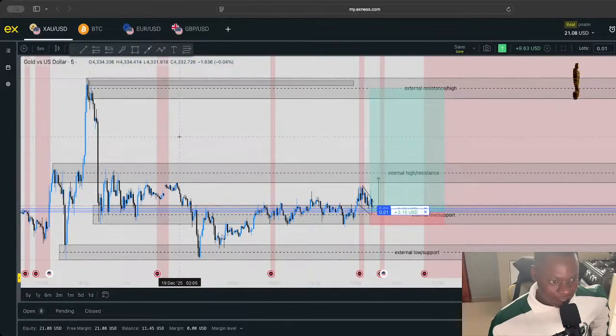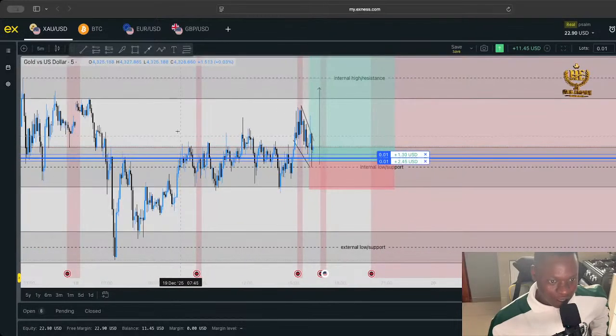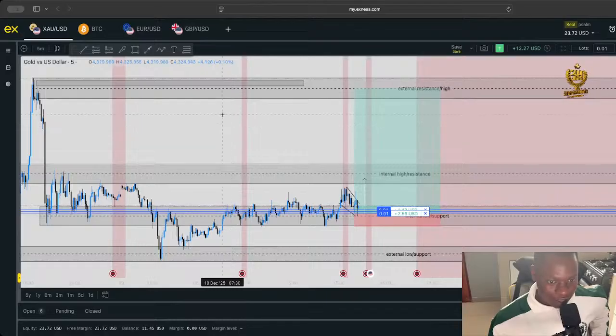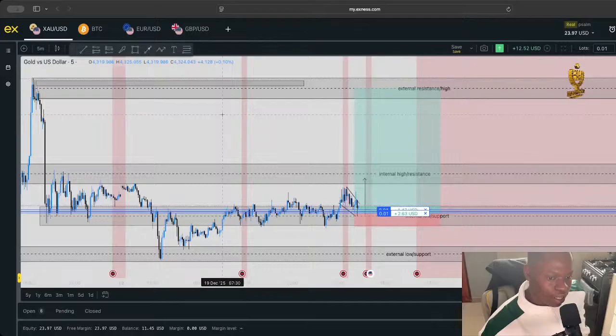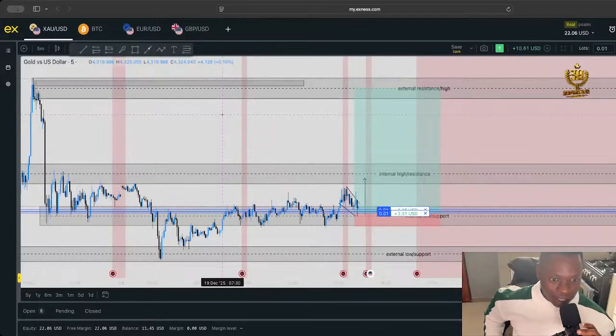Let's see. Like I said before, these levels are very crucial. I've seen them pushing price so many times, and hence why I'm very positive when I take trades from those levels, because so many times they've been confirming my entries.